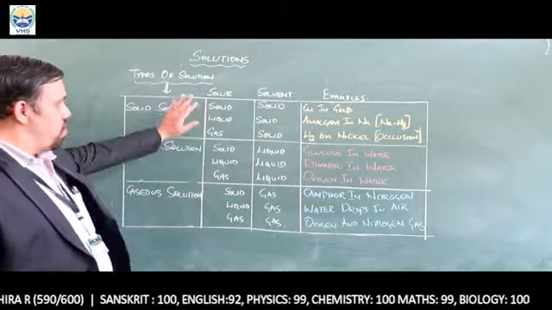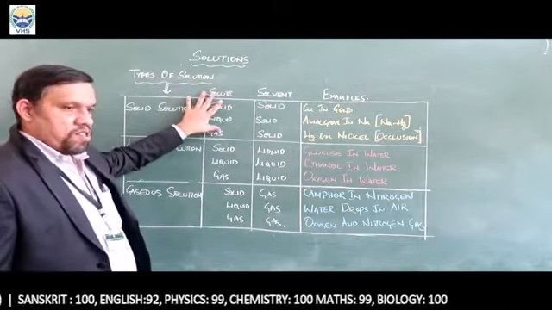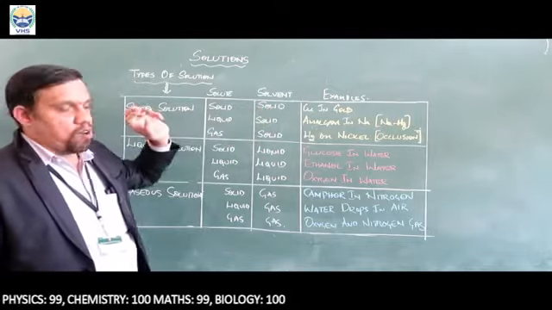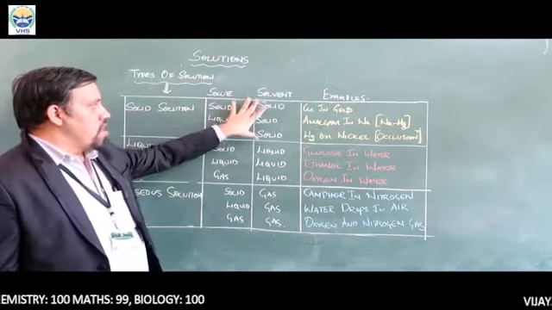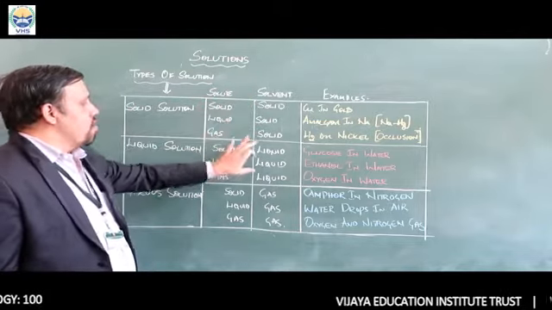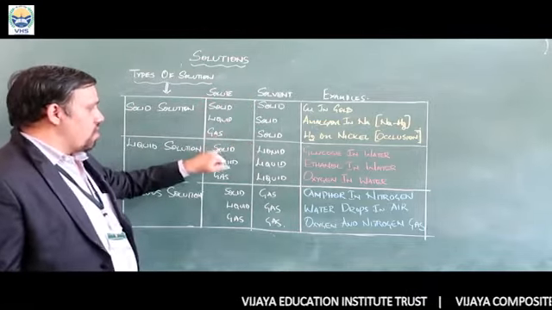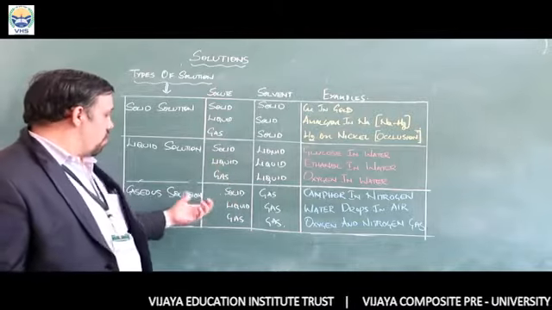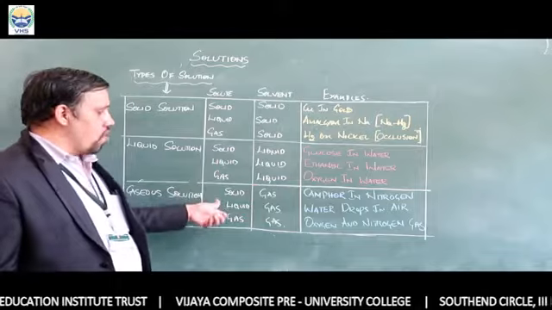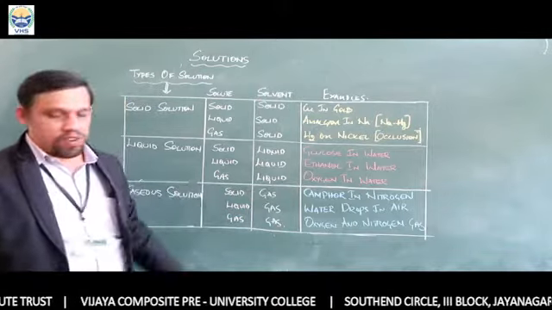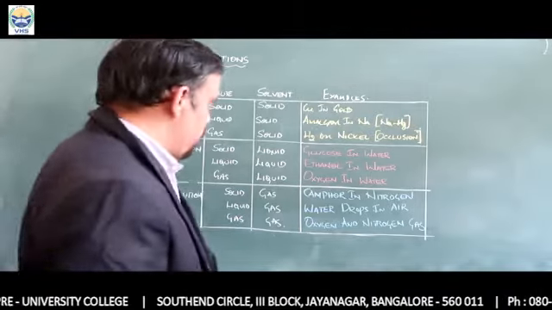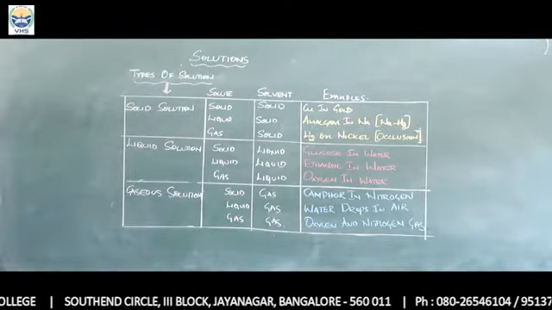People have to remember this. Solute means the one which is present in smaller amount. Solvent means the one which is present in larger amount. So if solid is the solvent, the solute can be solid, liquid, or gas. If the solvent is liquid, the solute can be solid, liquid, or gas. Similarly, in gaseous solution, if solvent is gas, the solute can be solid, liquid, or gas. Few examples for this one. You can go through the textbook also for a few more examples.